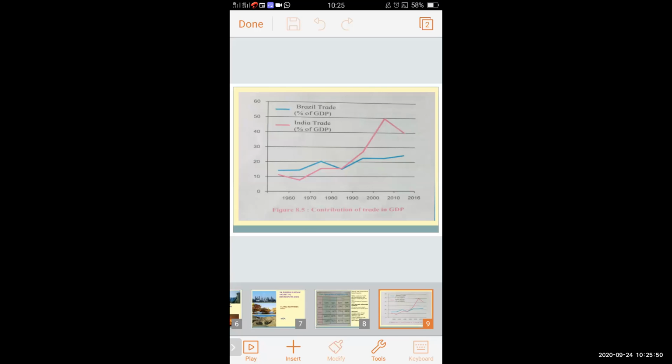Percentage of growth is also given: 10, 20, 30, 40, 50, 60. The blue color shows the trade of Brazil and the pink color shows the trade of India, and it is all given as the contribution of trade in GDP.